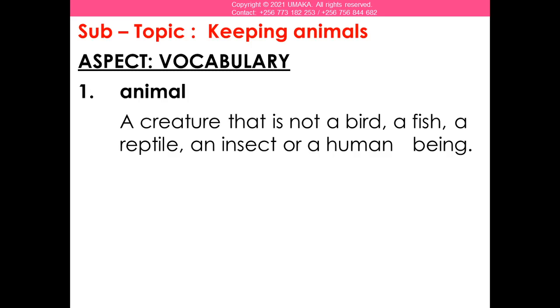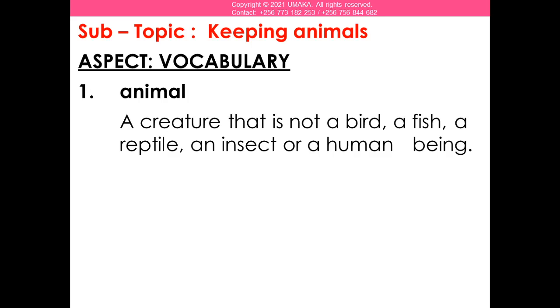But when it comes to this lesson, or to English, we can refer to animals as any creature that is not a bird, not a fish, not a reptile like a snake, not an insect, or a human being. So we are talking about the goats, the sheep, the cattle in general.